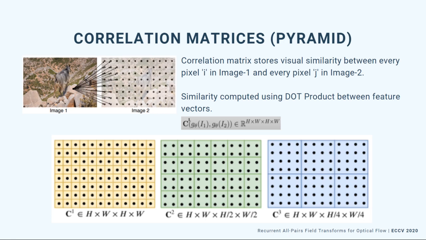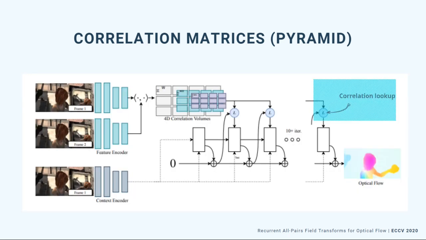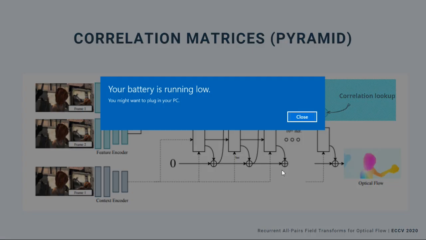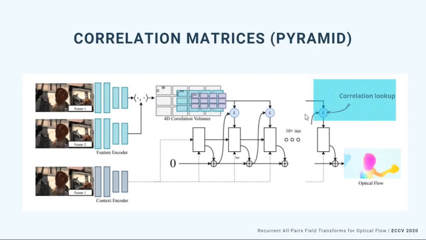So these correlational matrices are the correlational matrix that we want in this process. After the correlational matrix is computed, it is fixed during the rest of the iterative algorithm.